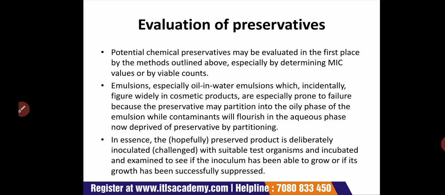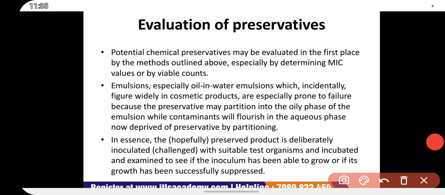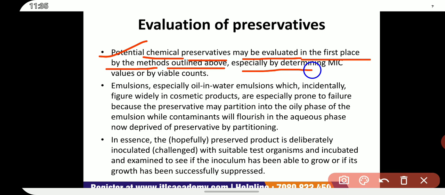Our next section is evaluation of preservatives. Potential chemical preservatives may be evaluated in the first place by the methods outlined above, that is, what we have discussed in our previous slide, especially by determining the MIC value or by viable counts.